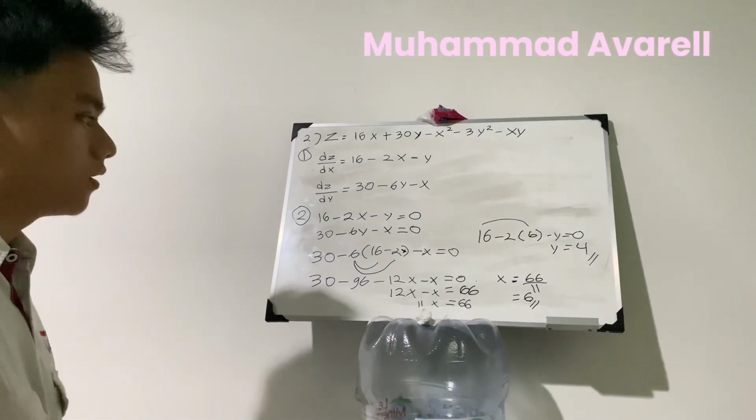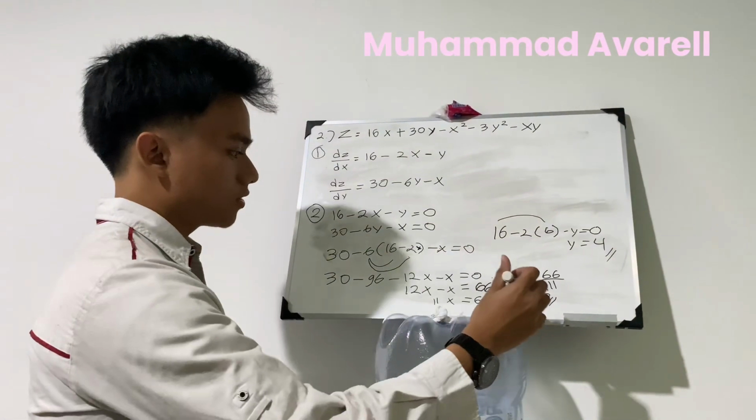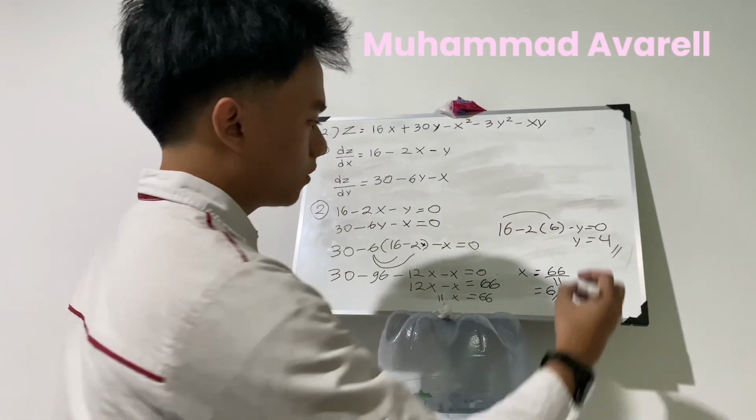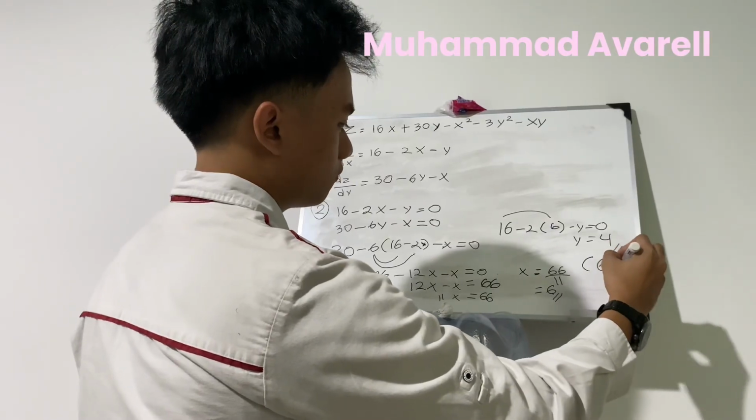So the critical point is 6 and 4, like this, 6 and 4.